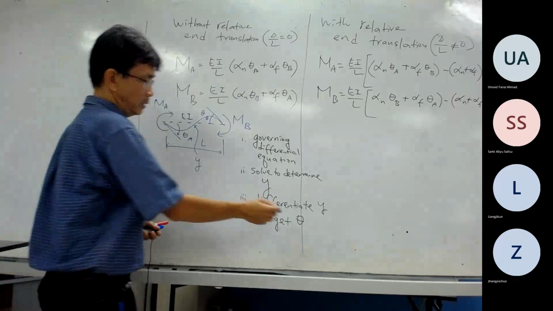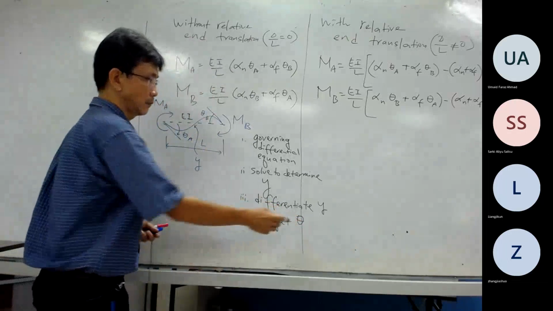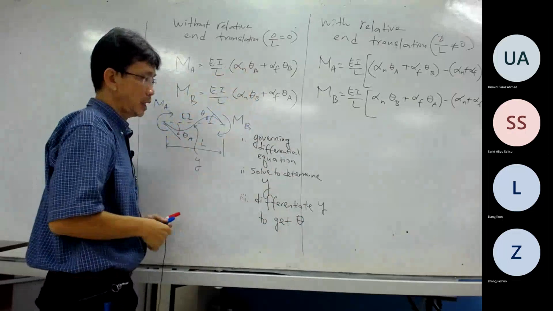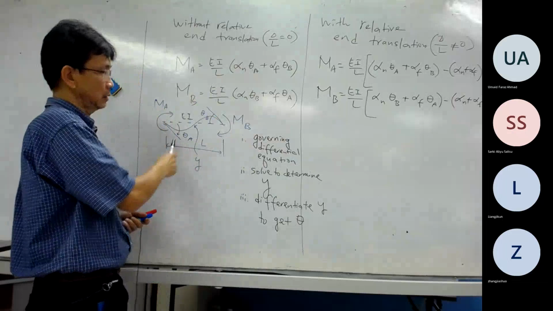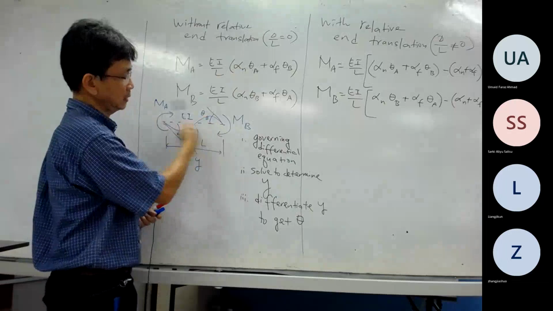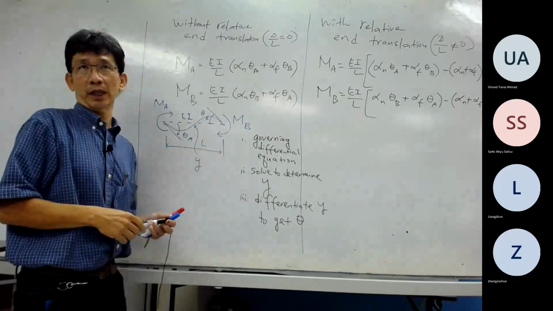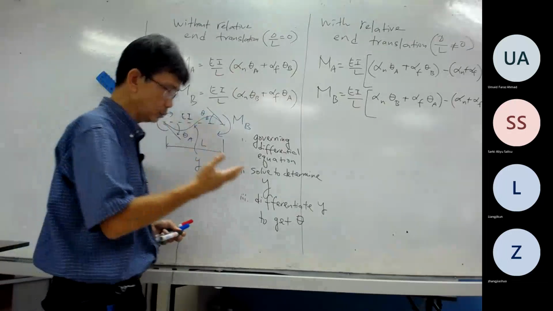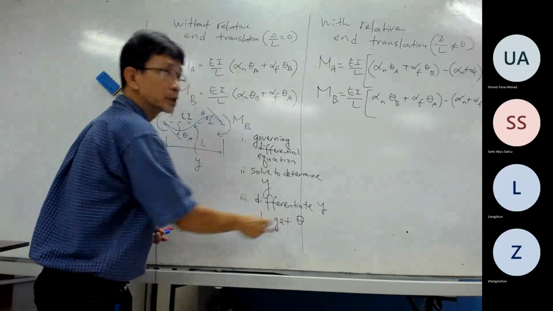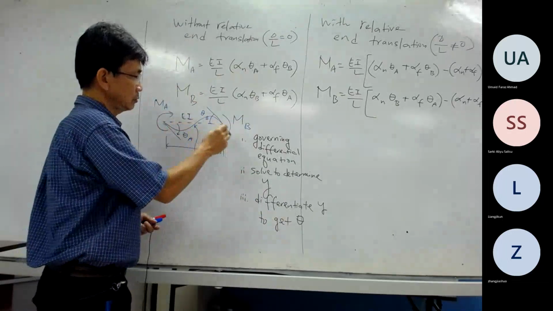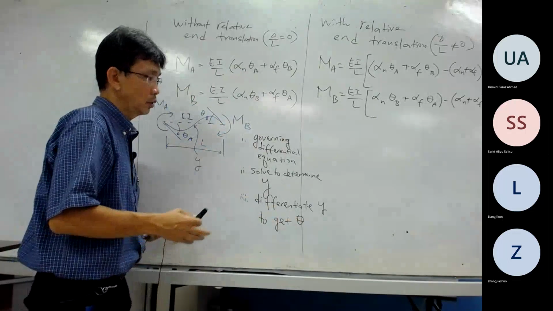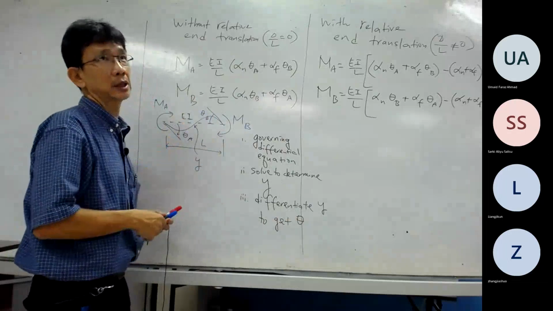From this equation of theta, we get theta A and theta B. Theta A is at one end of the member, when x is equal to 0, and theta B is at the other end, when x is equal to L. When you substitute x equal to 0, you get theta A, and when you substitute x equal to L, you get theta B. So you get two equations, theta A and theta B.